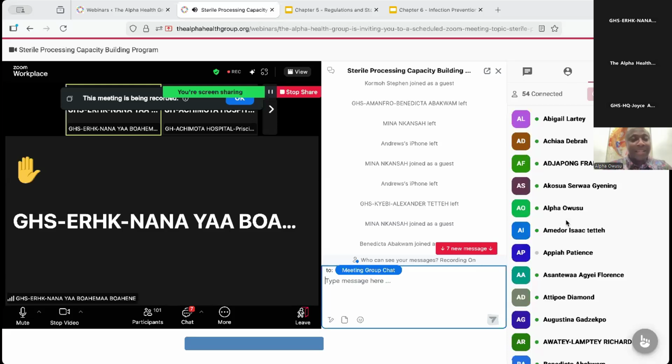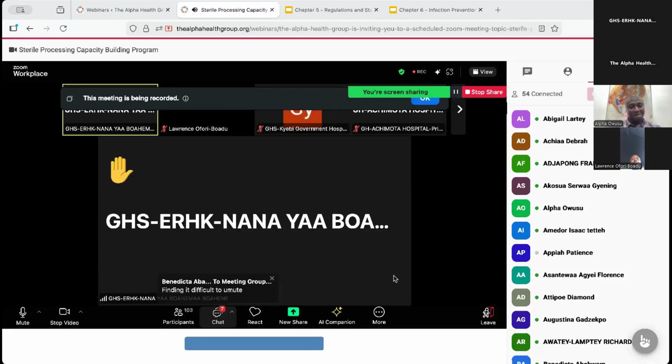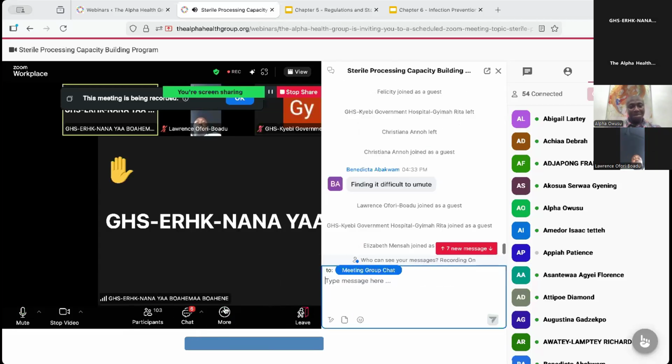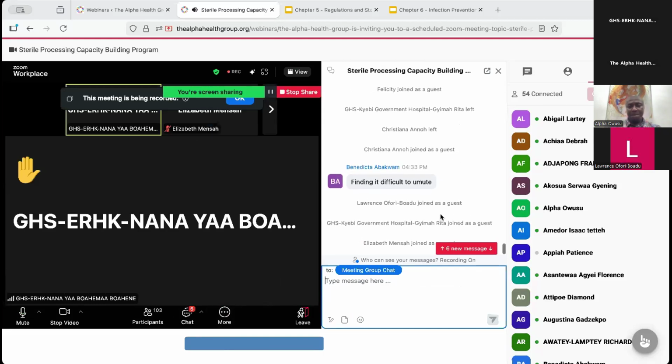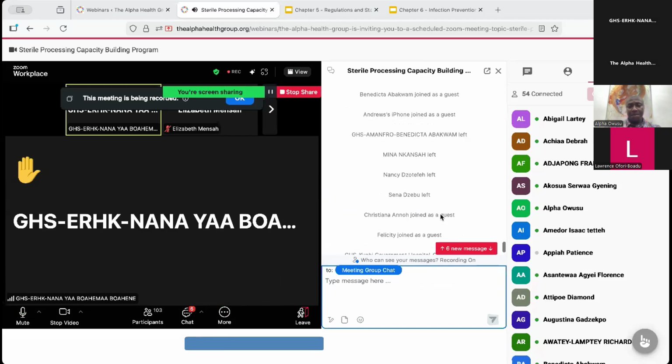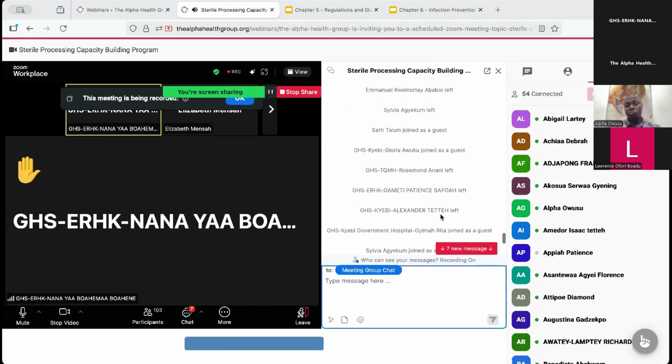Yes. Nana, this is Nanaya Boy from Eastern Regional Hospital, Koforidua. So, when we talk of sterilization, helping to control and prevent infection, it simply means we are carrying out this process to ensure that someone who is not already infected with any pathogen or disease-causing organism doesn't come into contact with these organisms.